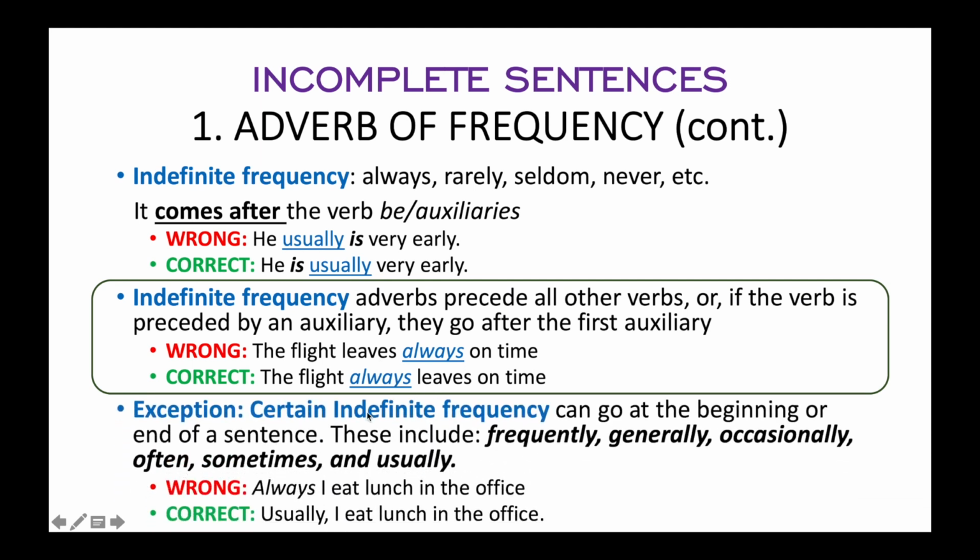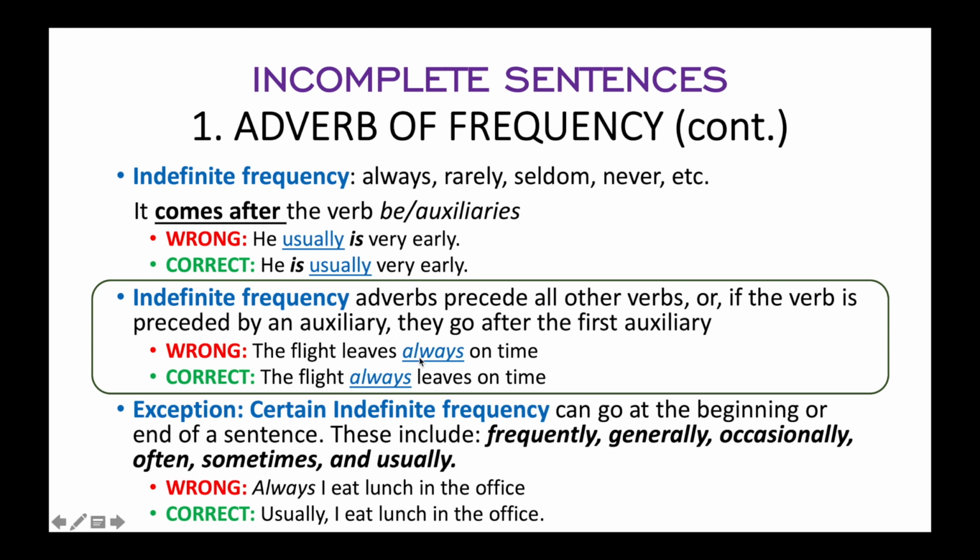And then the next one is the exception of the indefinite frequency. So here is the list of the adverbs that could be put at the end of the sentence or at the beginning of the sentence: frequently, generally, occasionally, often, sometimes, and usually. Now, you can put them at the beginning of the sentence or at the end of the sentence, but you cannot put always at the first part of the sentence.